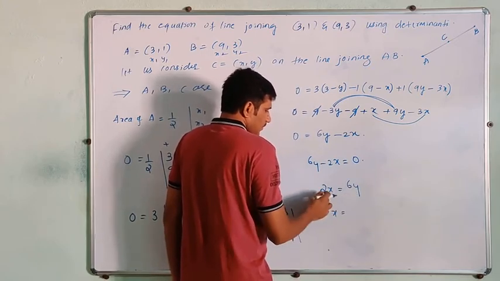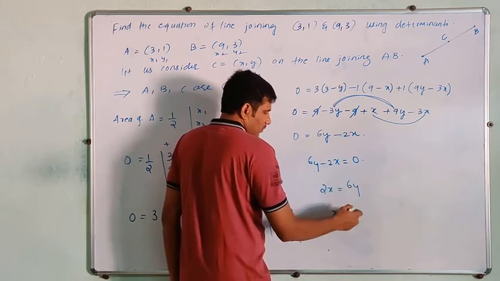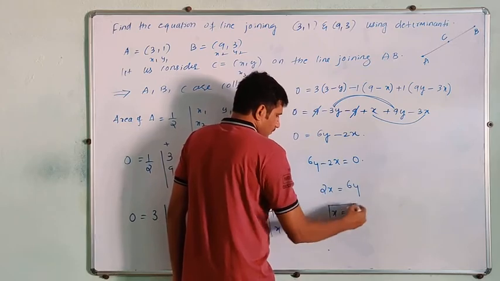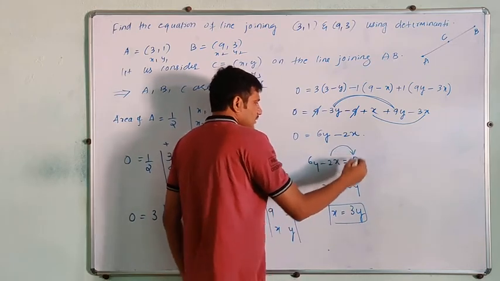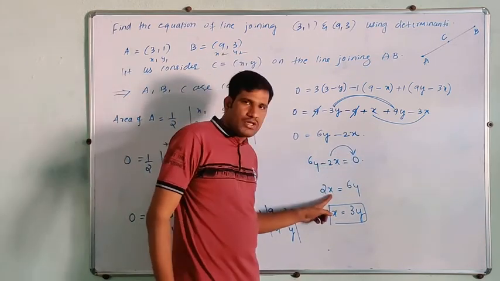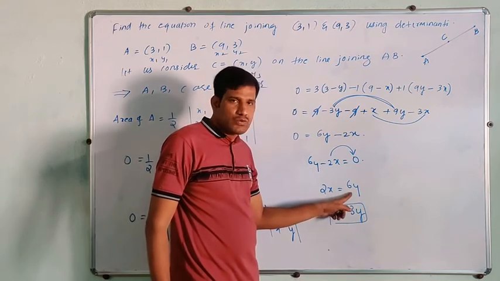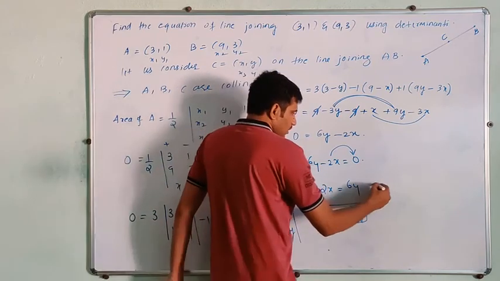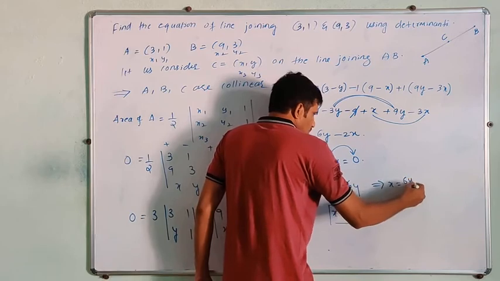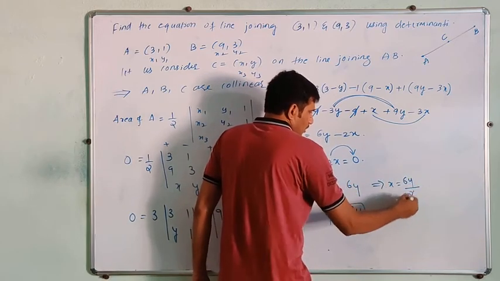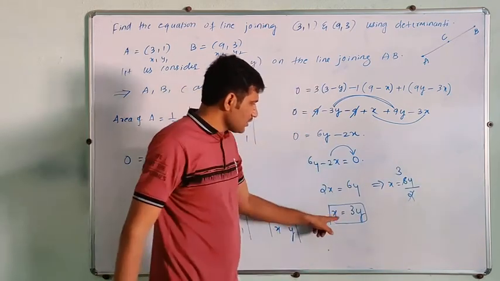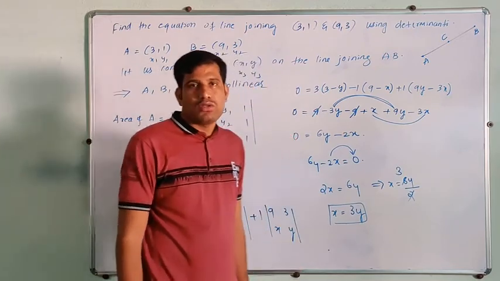So what is x? x is 6y divided by 2, that is 3y. So x is equal to 3y.